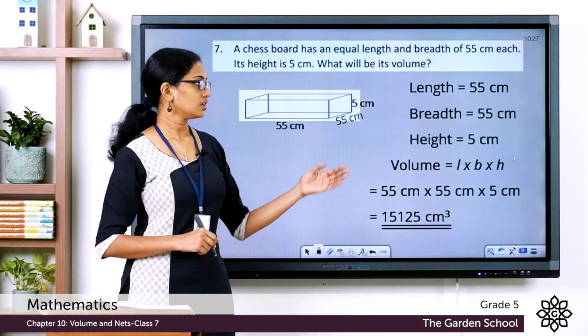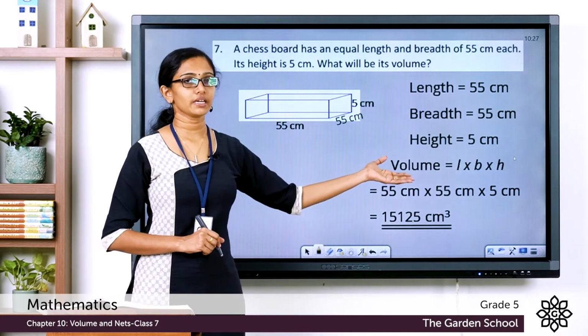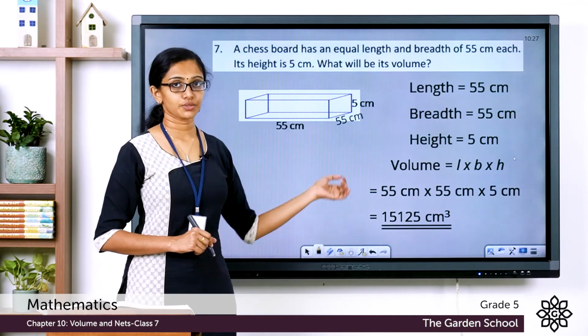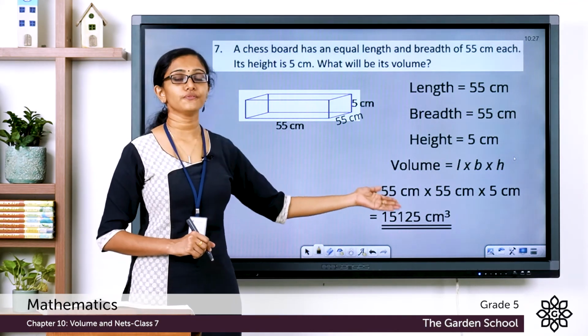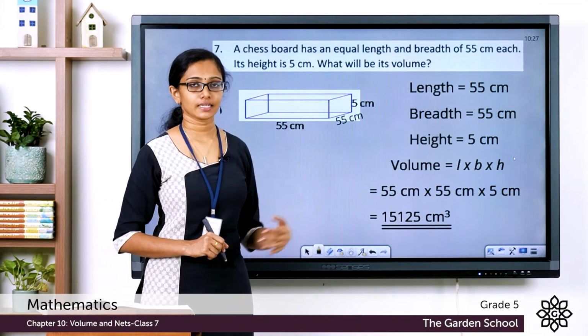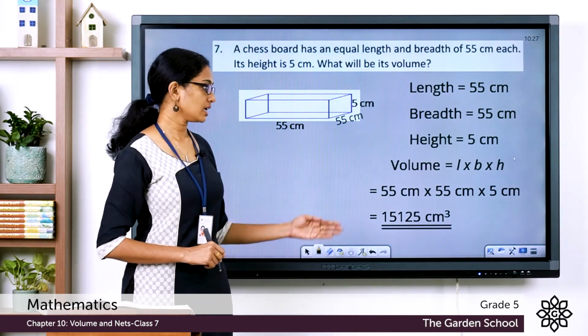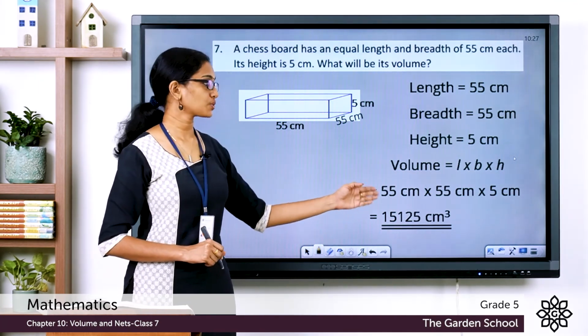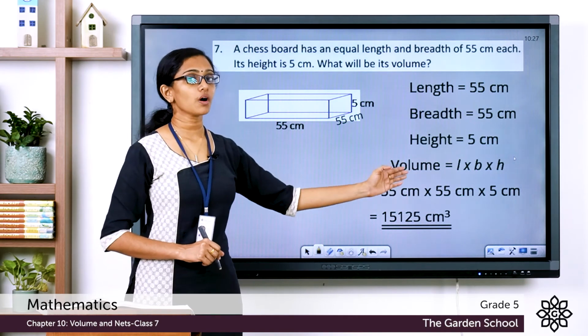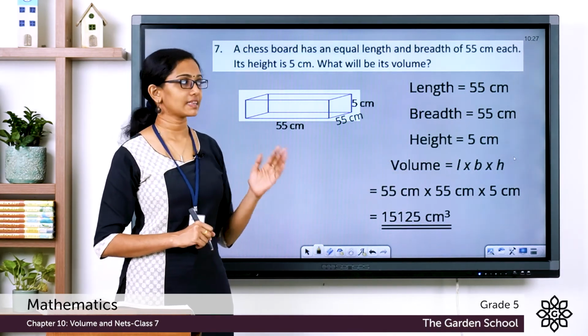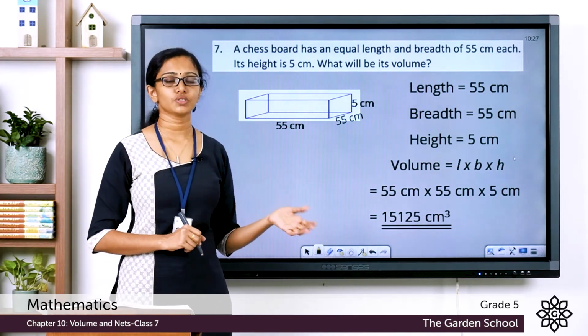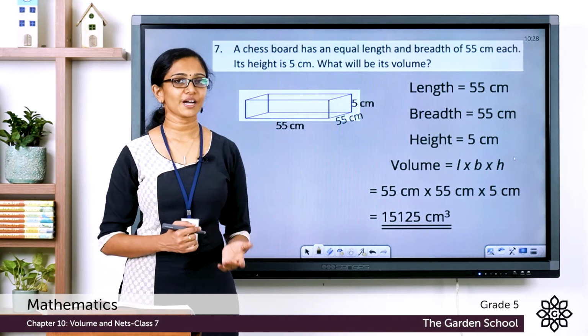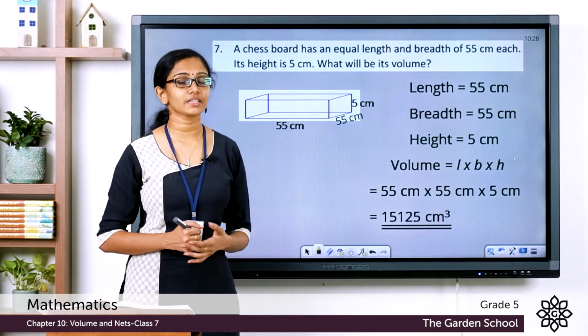So, by formula, the volume is equal to L into B into H and that is equal to 55 centimeter into 55 centimeter into 5 centimeter, which gives you the answer 15,125 centimeter cube or cubic centimeters, and that is the volume of this chessboard given here. So children, I hope you are clear with all the questions we discussed today.